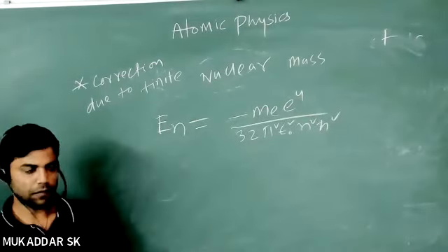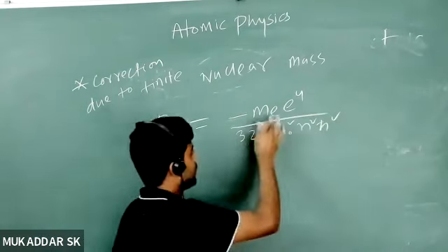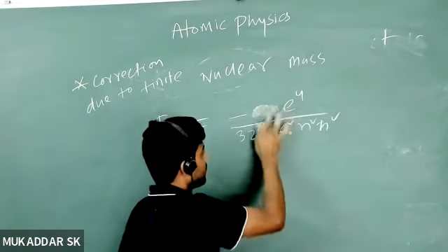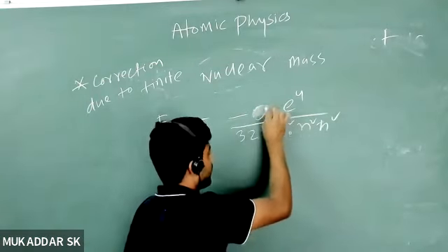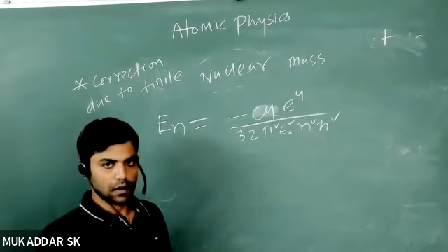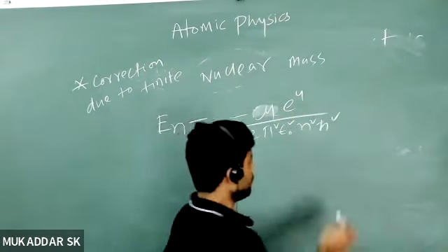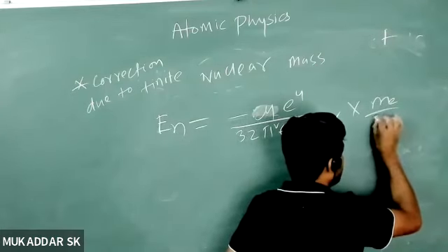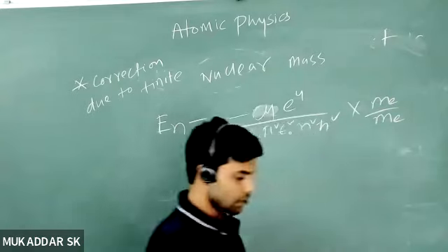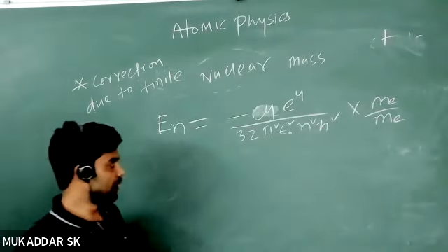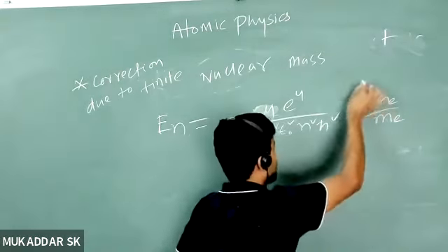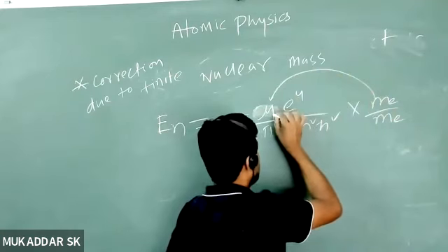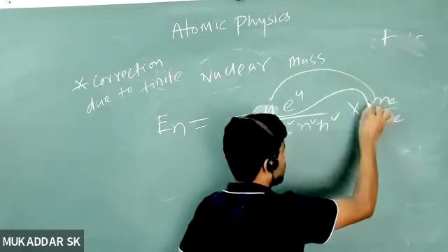Now, due to the finite mass of the nucleus, what I have told, you just have to replace this by the reduced mass. Again, I'll multiply this expression by m_e and divide by m_e.